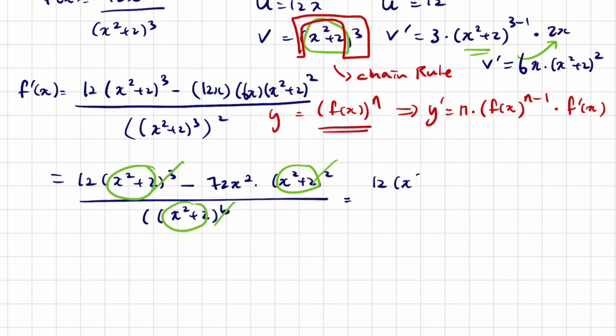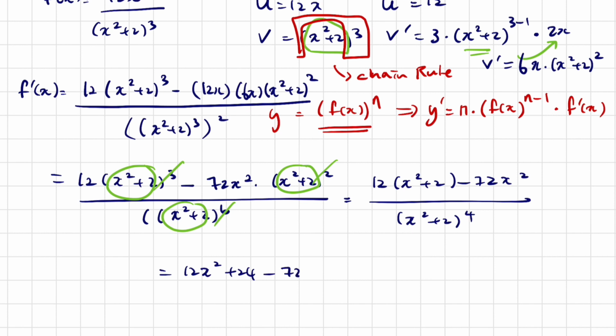12x squared plus 2 minus 72x squared over (x squared plus 2) to the power of 4, which is the same as 12x squared plus 24 minus 72x squared over (x squared plus 2) to the power of 4.